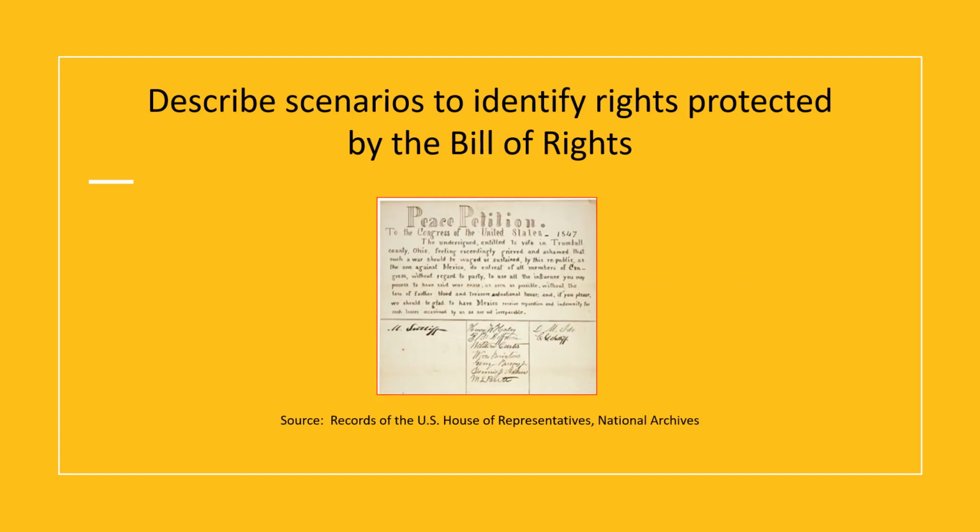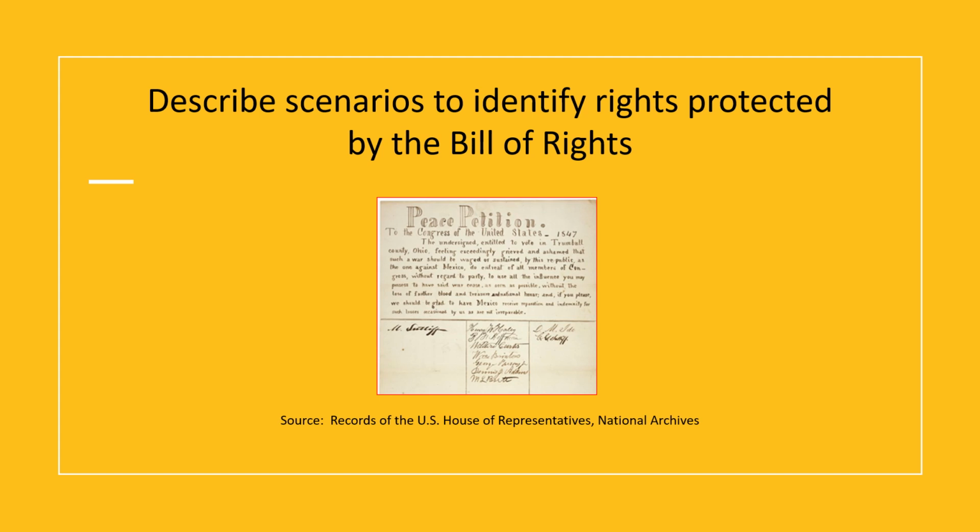First, we're going to describe scenarios to identify rights protected by the Bill of Rights. What you see in front of you is a peace petition. As you can see, there's a petition and there's language. It's really very interesting, and then some signatures. The right to petition the government for redress of grievances is included in the First Amendment to the U.S. Constitution.